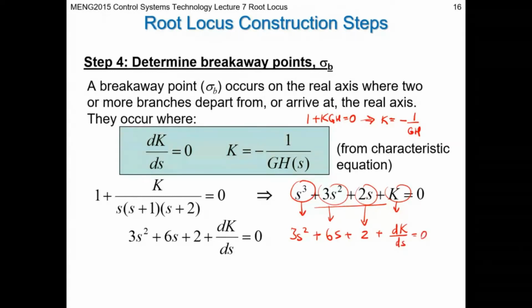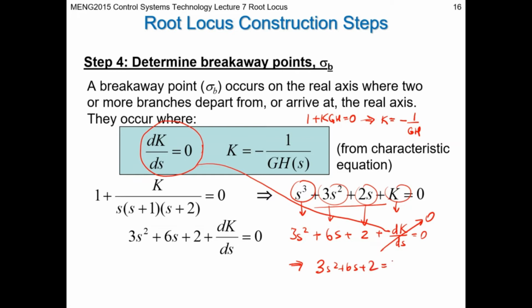We've also already identified that the breakaway point occurs when dk by ds equals 0. So we can set this to 0, and we're left with 3s squared plus 6s plus 2 equals 0. Then we can find the roots of that, and those roots will be the value.